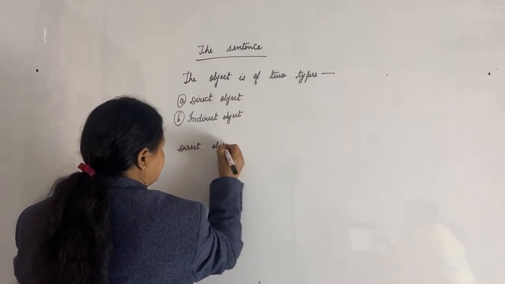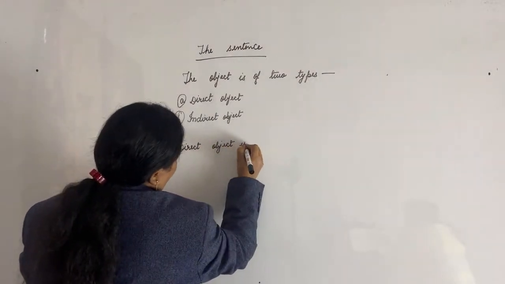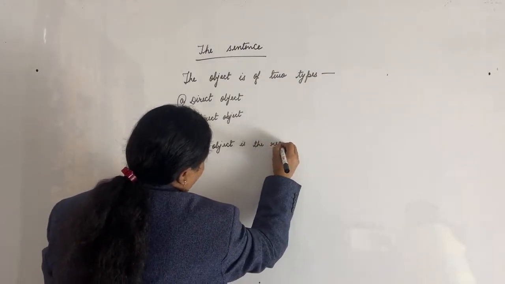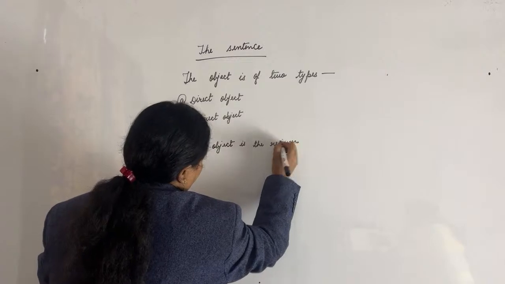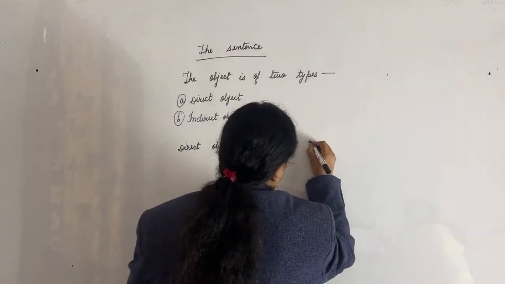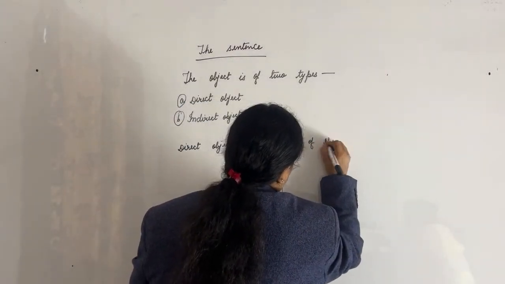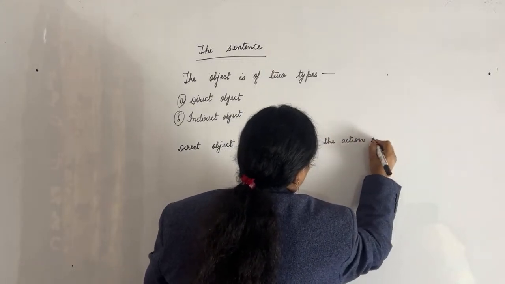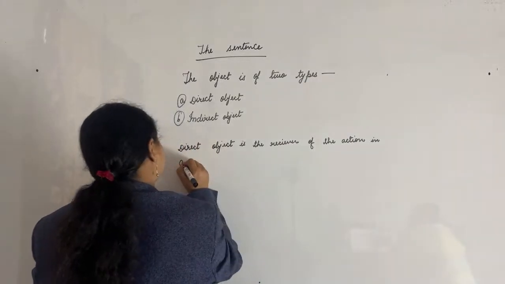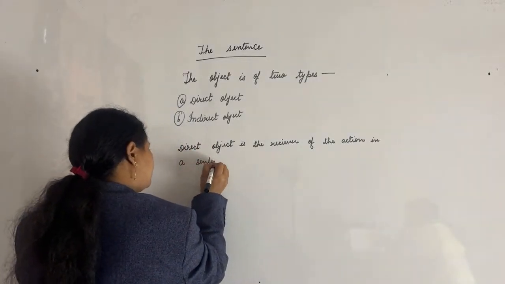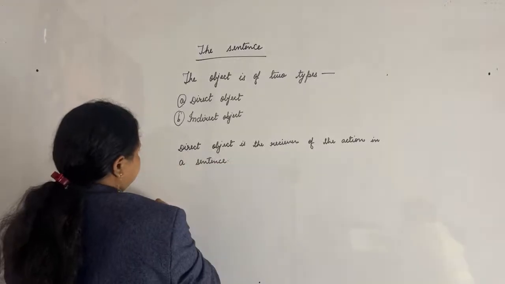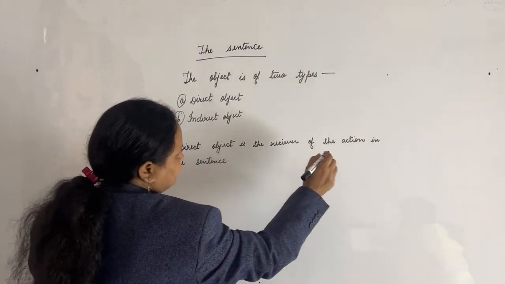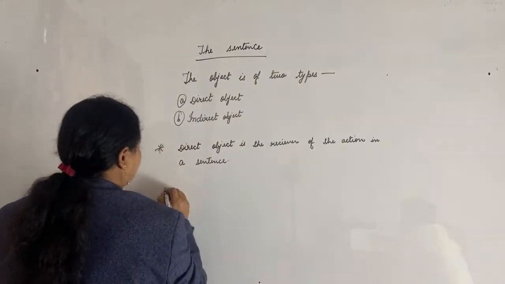Direct object is the receiver of the action in a sentence.